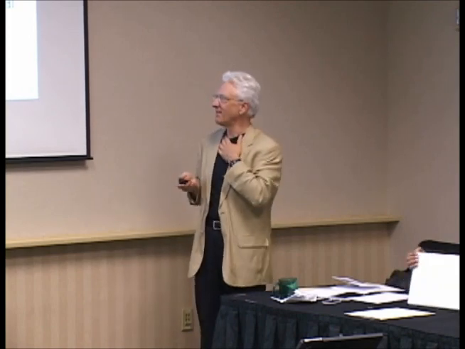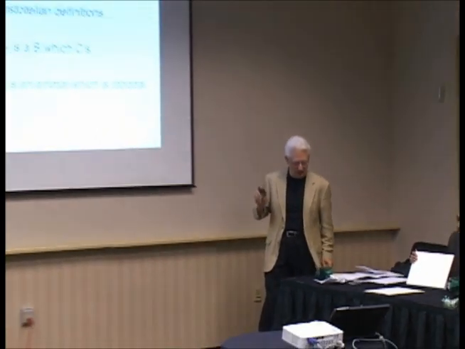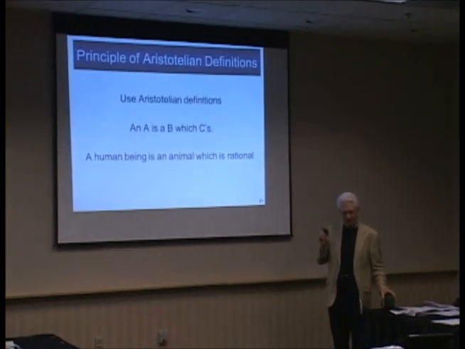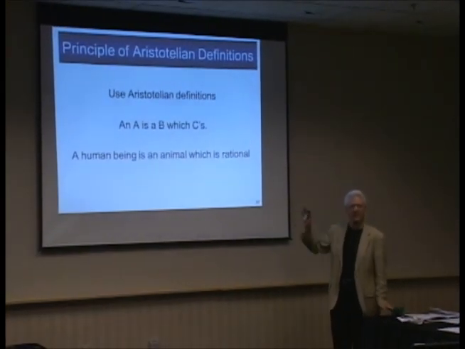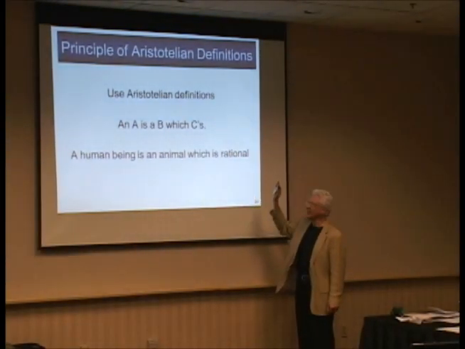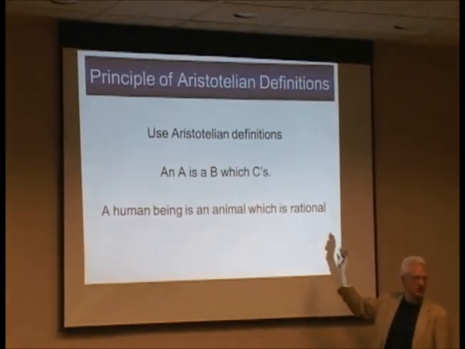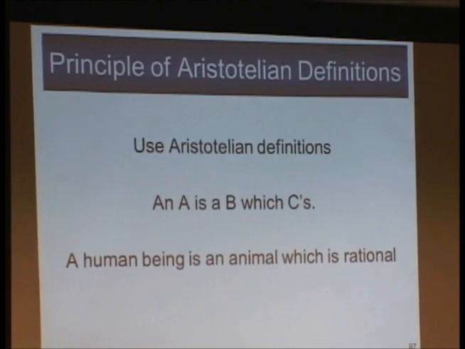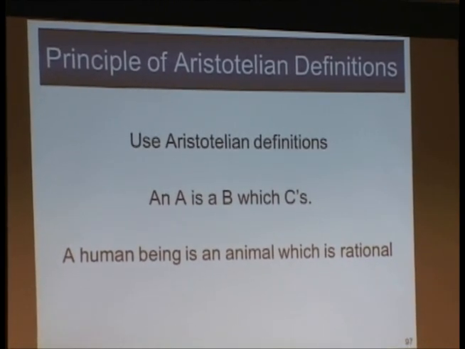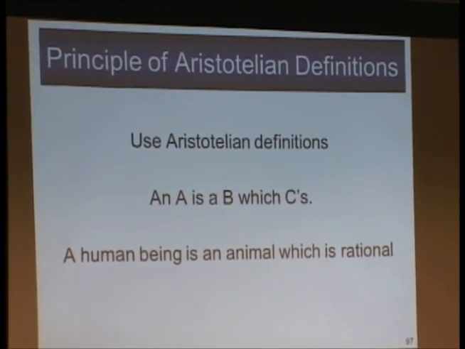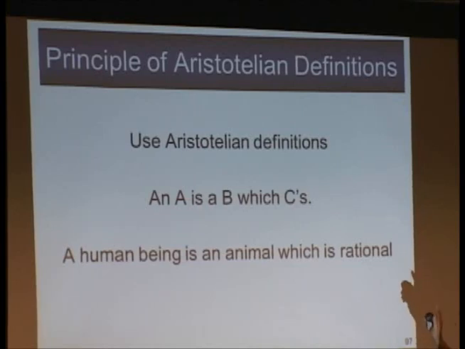Now, I say SNOMED didn't really have a coherent approach to definitions. I think this is the coherent approach. And this is the third thing that I really want you to remember, because this is so easy and so useful. When you're building an ontology, you need to formulate definitions for all your terms. And there is an easy way of at least starting that.